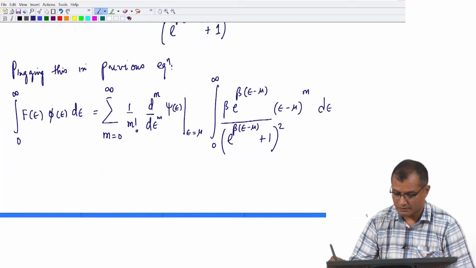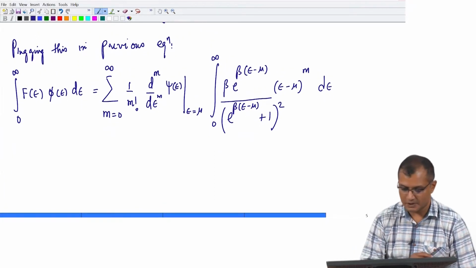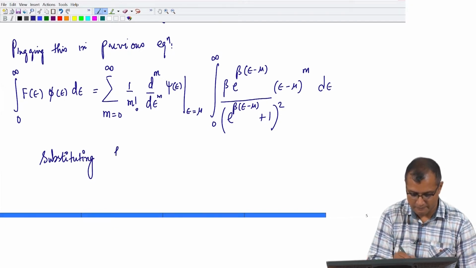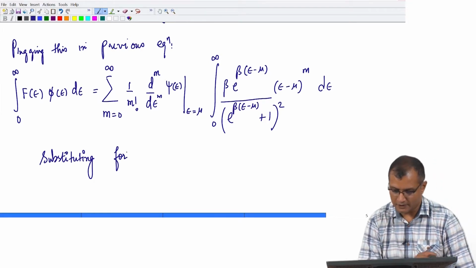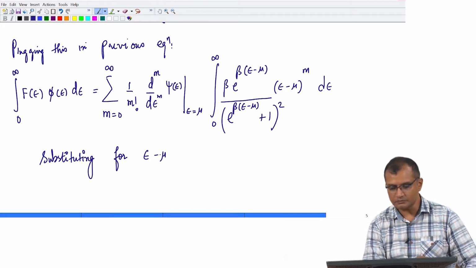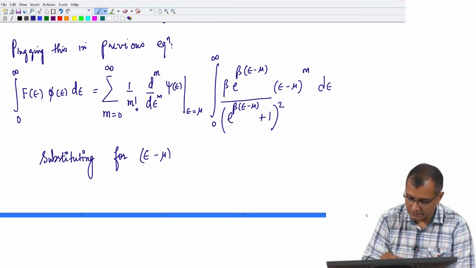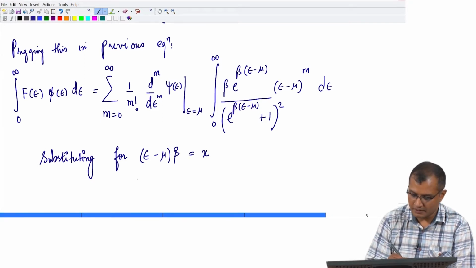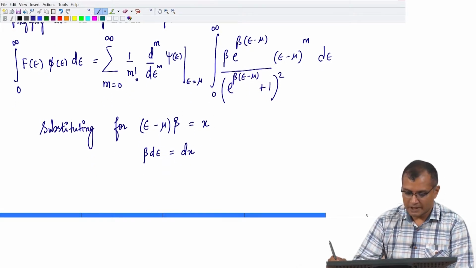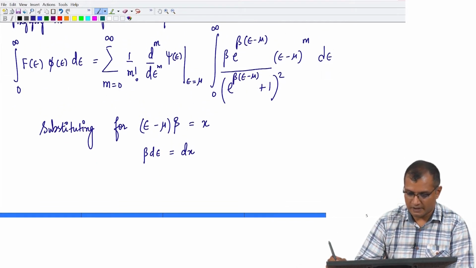Right. So, now just make a small substitution to solve this integral. For E minus mu into beta as some x. So, we can write down beta times d epsilon as dx. So, that will make my integral very simple in terms of x.